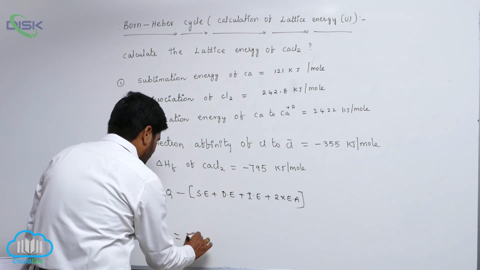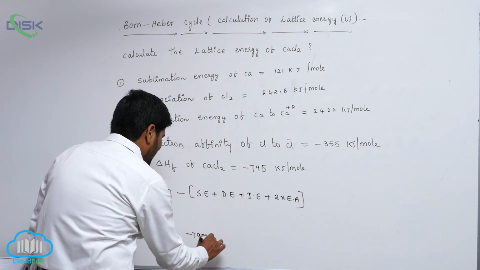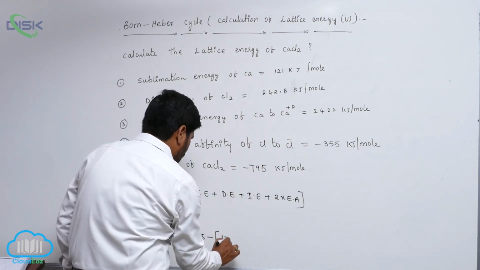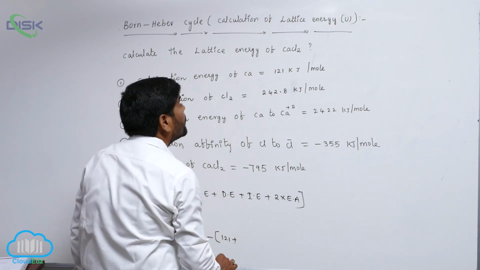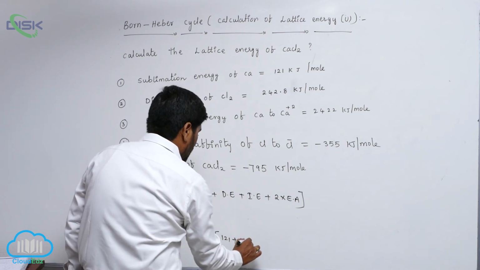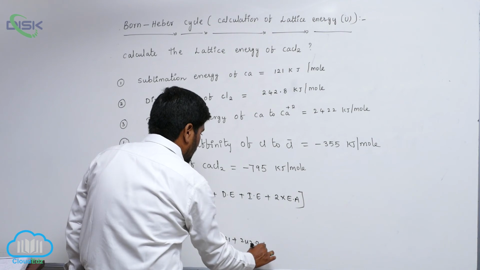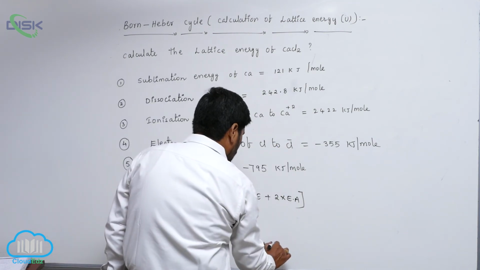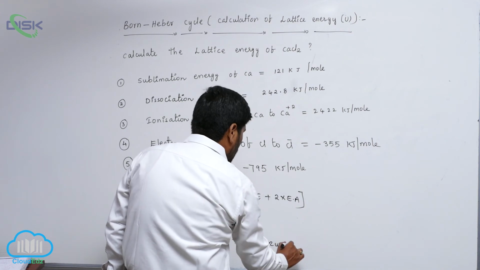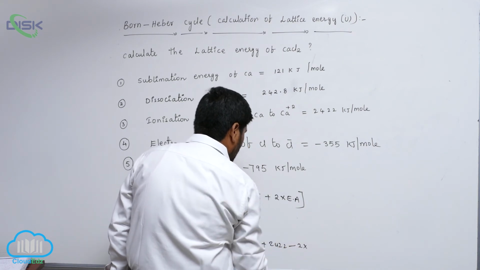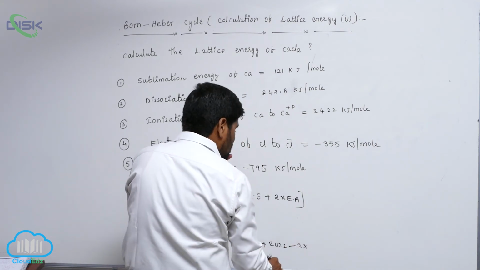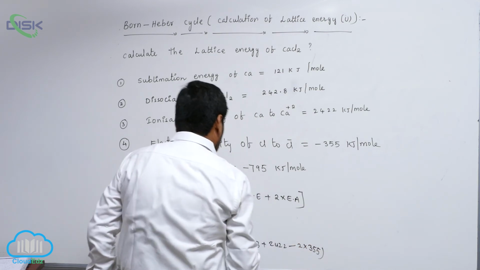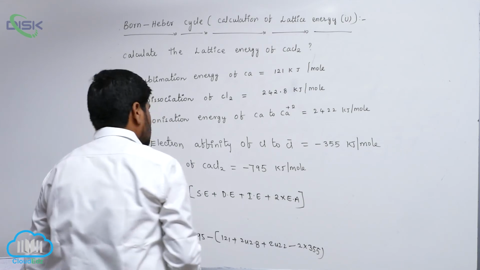Minus 795, minus of sublimation energy, what is it? 121 plus 242.8 plus ionization energy, how much? 2422 minus 2 into 355.